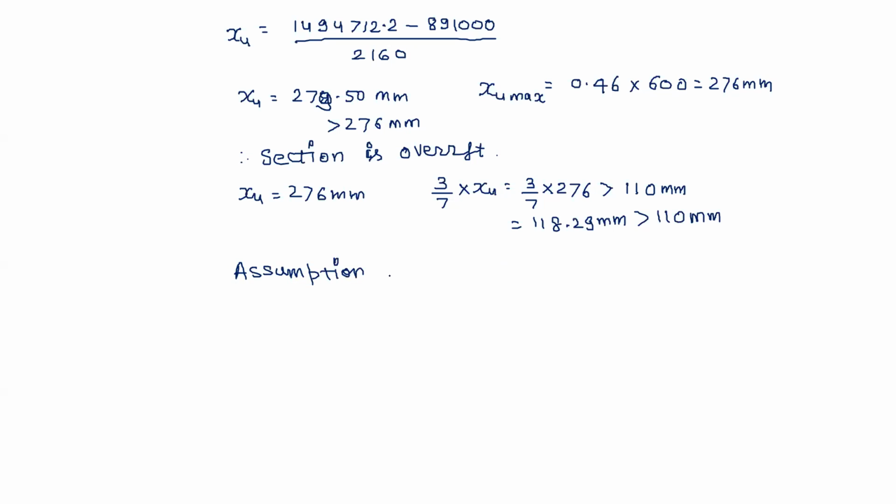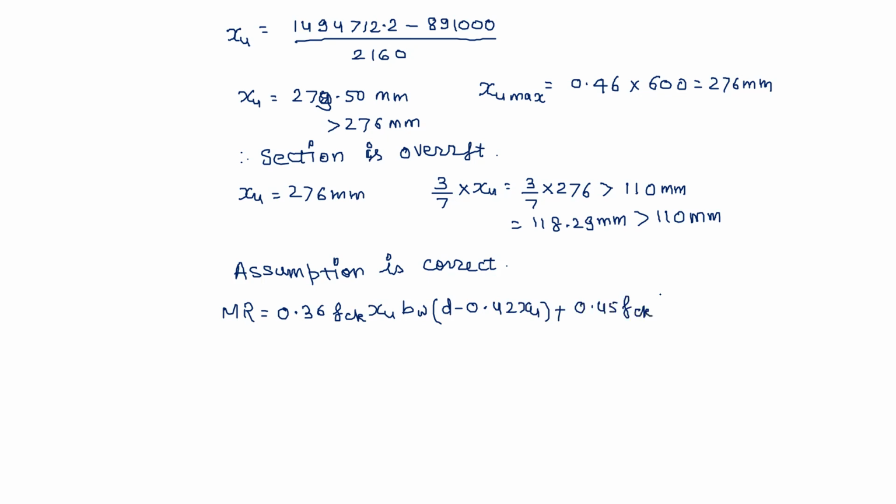Now, as the assumption is correct, we have to go for bending moment. Now we will write the equation for the moment of resistance, MR. We have 0.36 fck xu into bw, this is a rectangle with bw width, in bracket d minus 0.42 xu, plus 0.45 fck in bracket bf minus bw into Df in bracket d minus Df by 2.